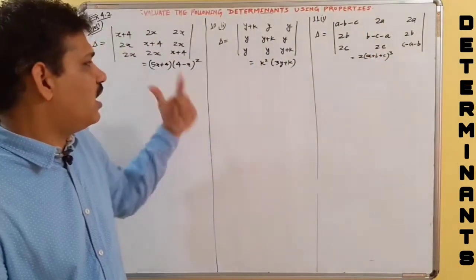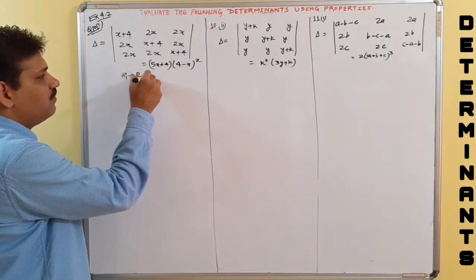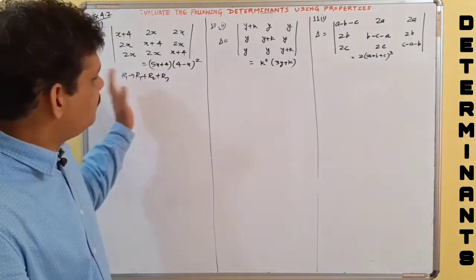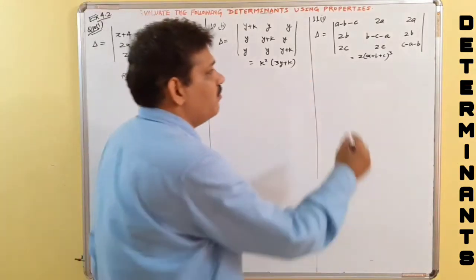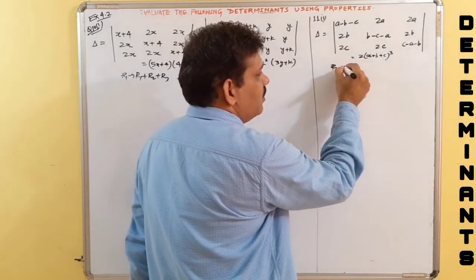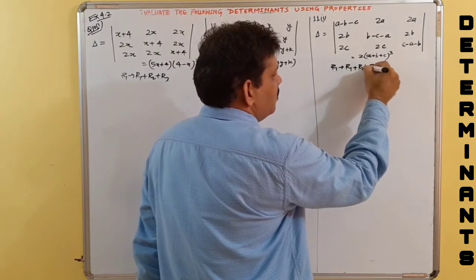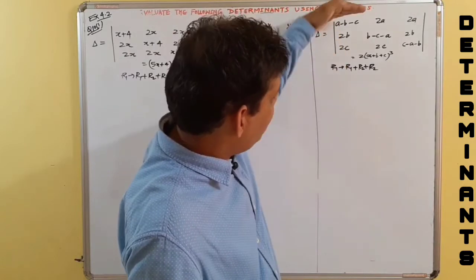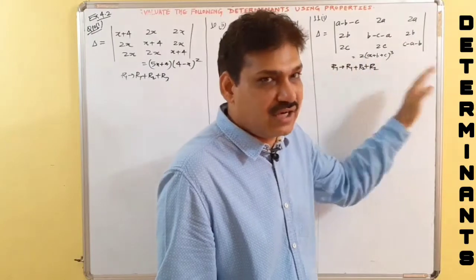Here you can either apply R1 becomes R1 plus R2 plus R3, or you can apply C1 becomes C1 plus C2 plus C3 in both these parts. But here we have to apply R1 becomes R1 plus R2 plus R3, so that when we add all the elements of a column, that means we are applying row transformation.